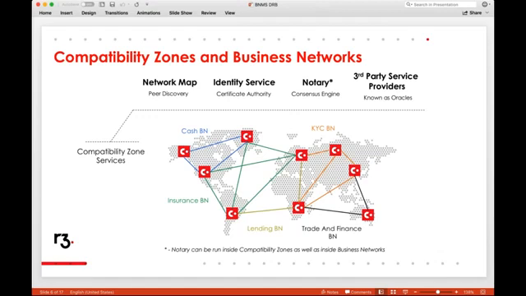Does it make sense? So just to clarify, hi, it's Fuzz again. Just to clarify then, a business network may be, for example, the mortgages business in the UK, which involves a number of different actors.